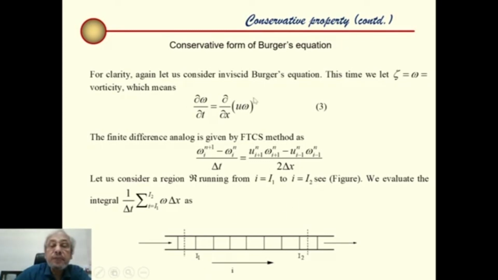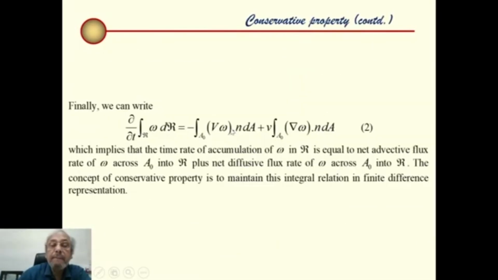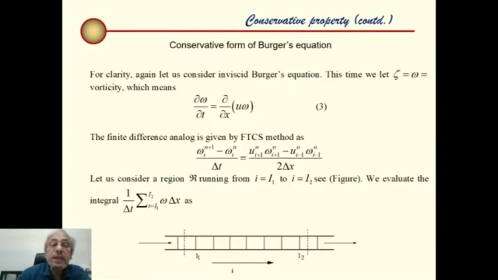This is the conservative form of Burger equation. As we said, we are now saying conservative form. That means this convective term, this original form, has to be converted to a conservative form. And how is that done? That is done in this way: del omega del t equal to del del x of u omega.